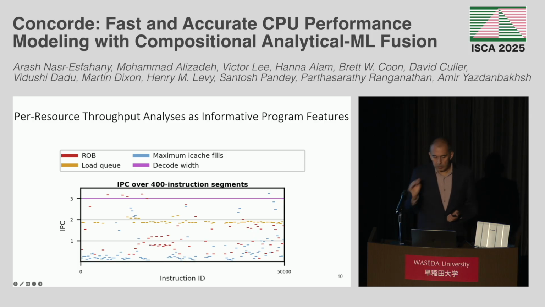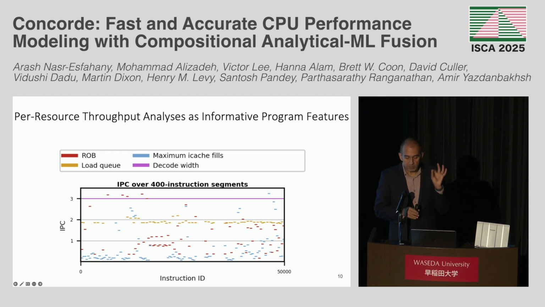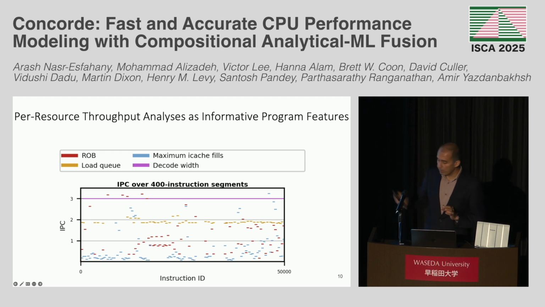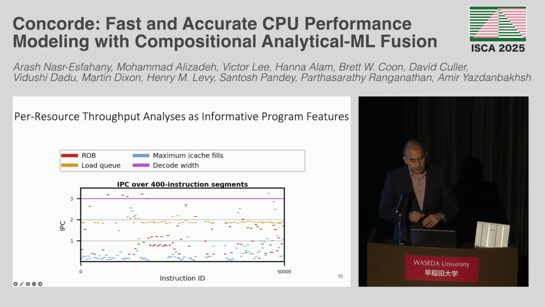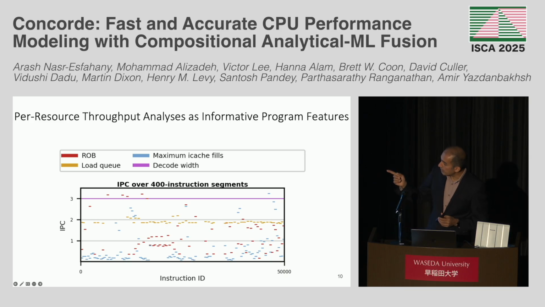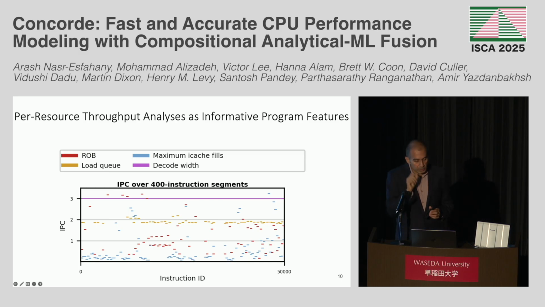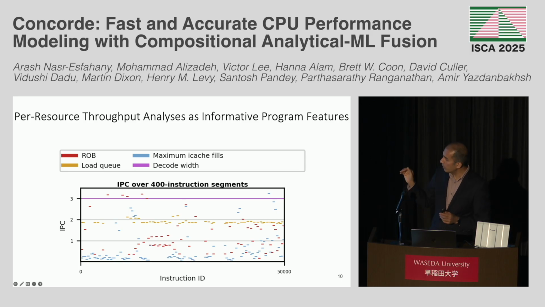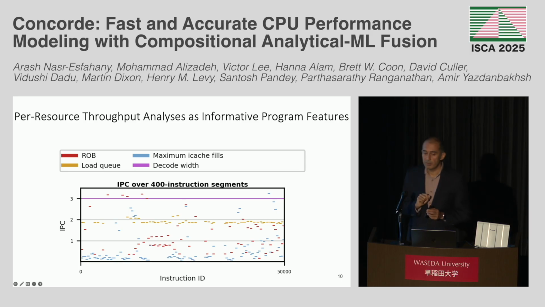So this figure shows the output of our analytical model. We are not yet at the ML model. This is all analytical model, for four different resources, and each of them is a different color. The x-axis is the instruction ID, and the y-axis is the estimated IPC. Each curve here corresponds to the throughput bound imposed by that particular resource, measured over, I think, 400-instruction segments.